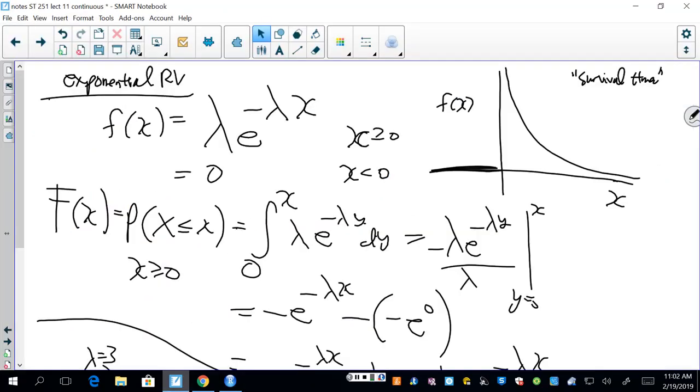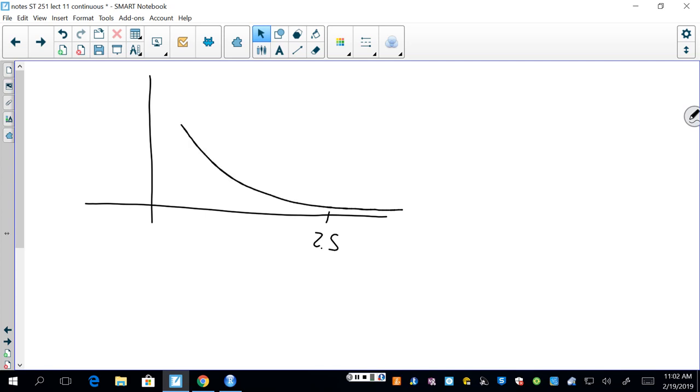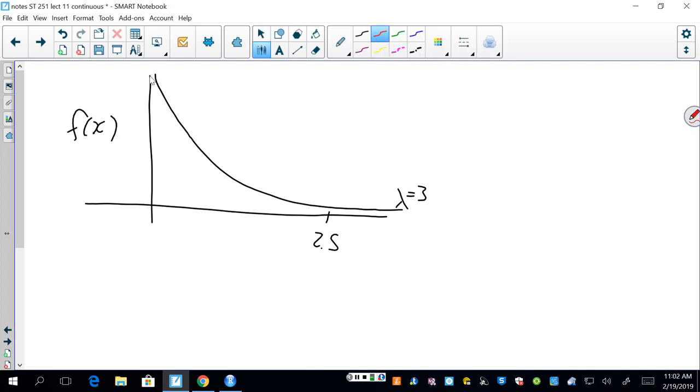So if I can try to draw that again, we get up here to about 2.5, and the one for 3 kind of went up like this. So that's the plot with lambda equals 3, and these are the density functions. When we get to 7, it was coming out here, going down faster like this. So this one is 7.